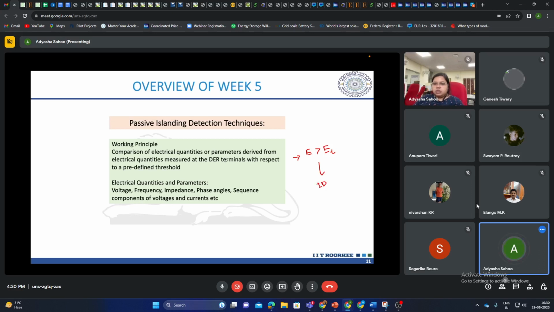So continuously it will be comparing various electrical parameters with the threshold quantity, and whenever it sees that the parameters are exceeding the threshold quantity, it will say that islanding has occurred. These various electrical parameters include voltage, frequency, impedance, phase angles, and sequence components of the voltages and currents.